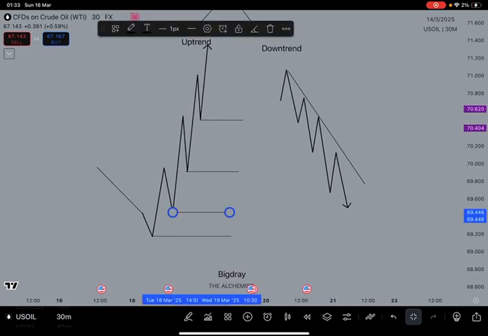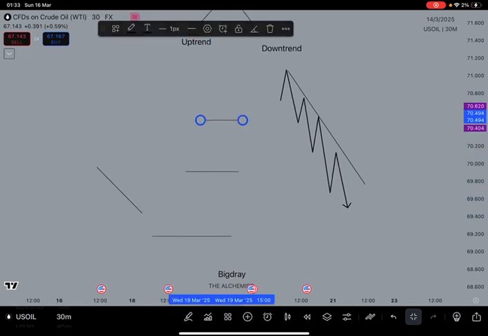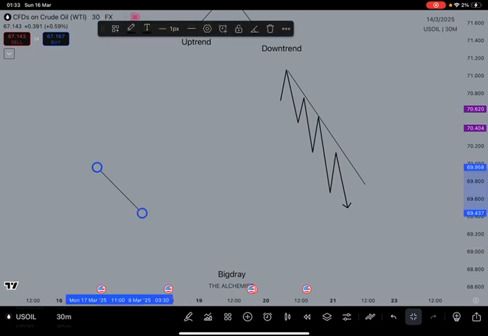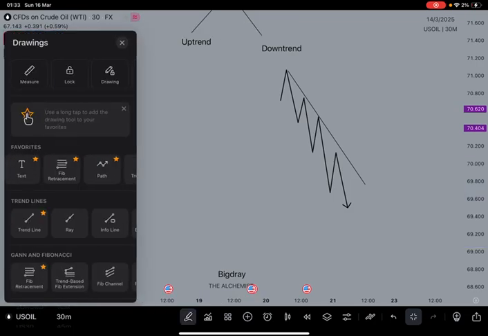So, how to identify the support? The support is a V shape, and the resistance is an A shape.